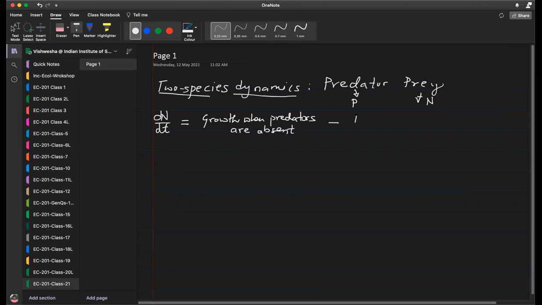There is some death rate because of predation. Is that correct? In some sense, this question is very similar to the harvesting models we discussed, right? But when we discussed harvesting, we just ignored the dynamics of the predator. Now we will explicitly include it.